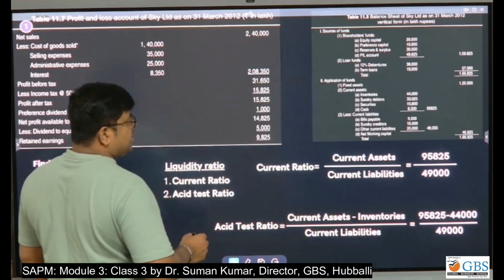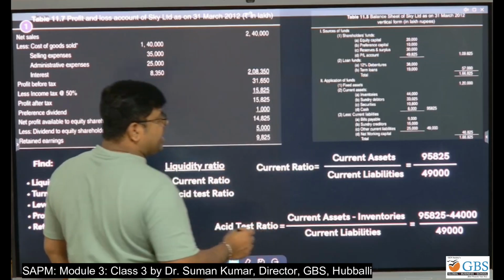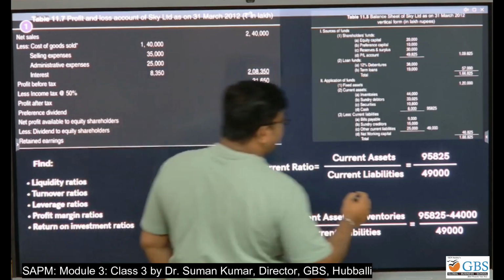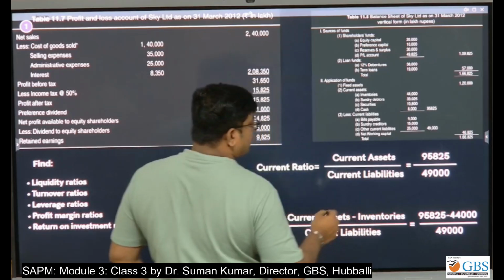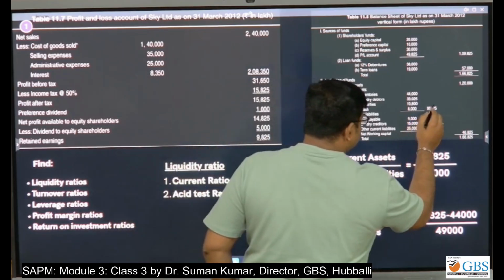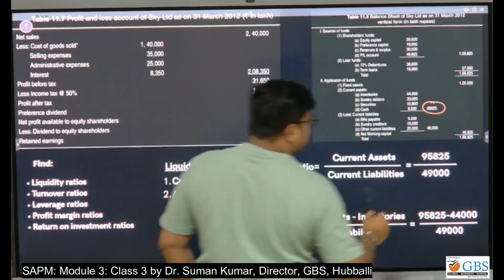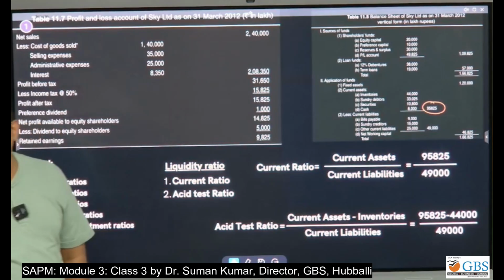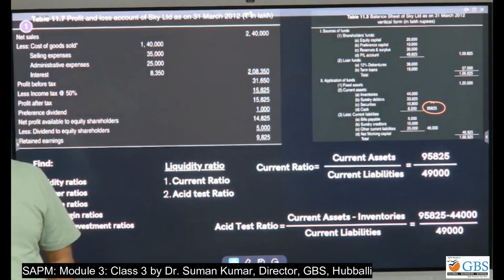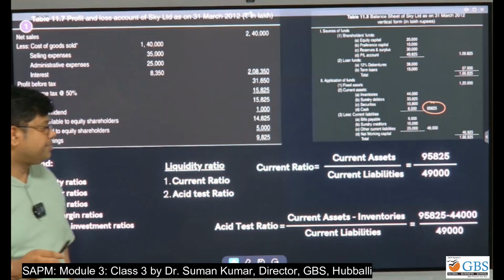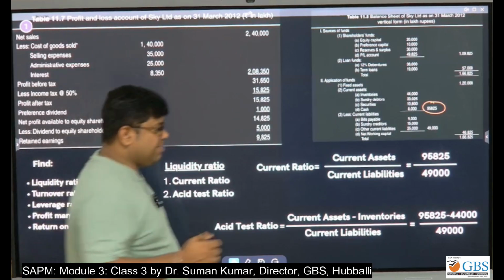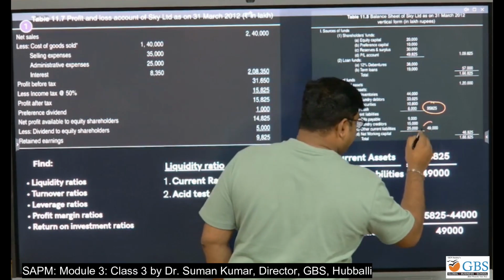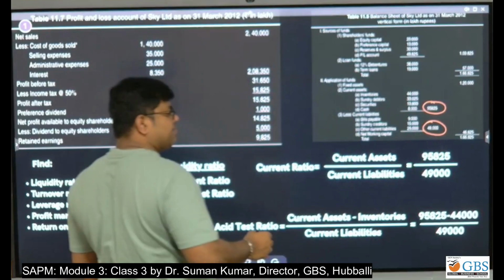Current ratio is equal to current assets divided by current liabilities. The total value of current assets here is 95,825, in the balance sheet. And the current liabilities in your balance sheet are 49,000.